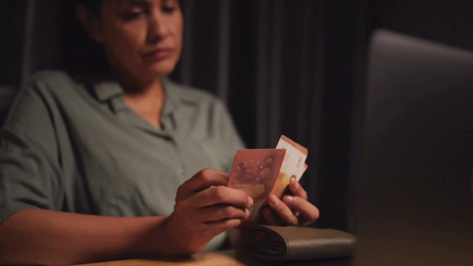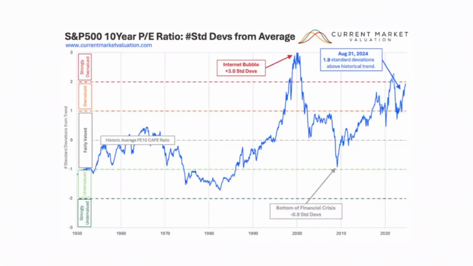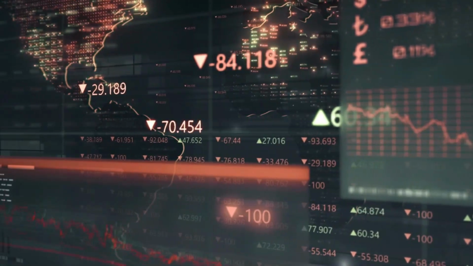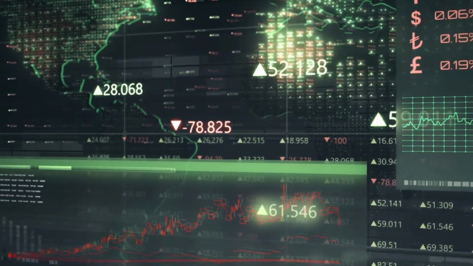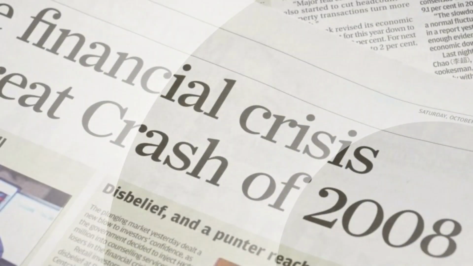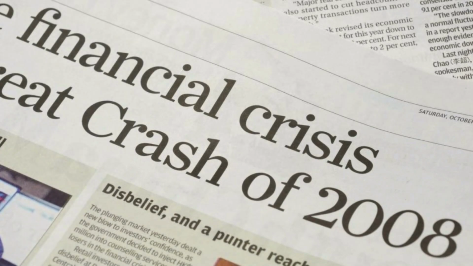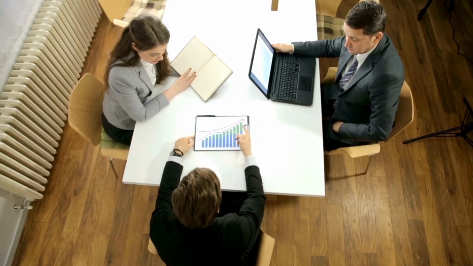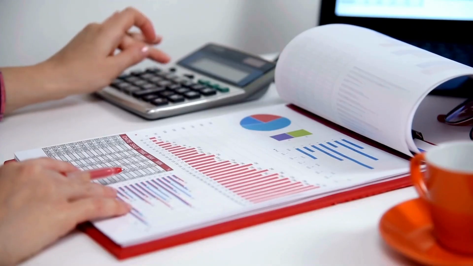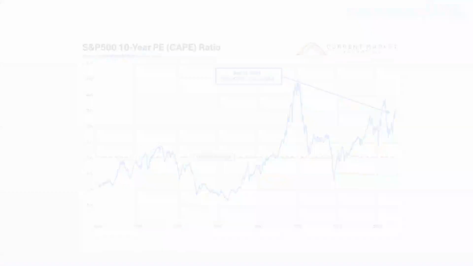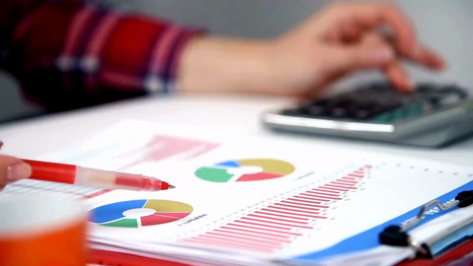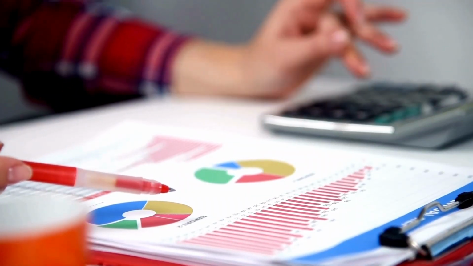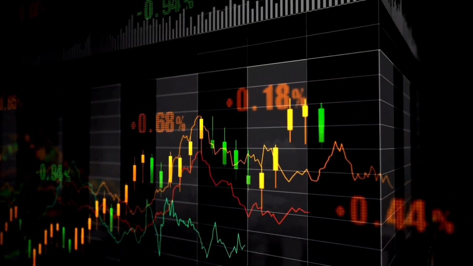For example, the PE ratio of the S&P 500 reached extremely high levels during the dot-com bubble in the late 1990s before the market crashed. It was similar during the 2008 financial crisis when valuations were excessively high relative to earnings before a major correction occurred. Currently, the PE ratio of the S&P 500 is well above the historical average, suggesting that the market may be overvalued.